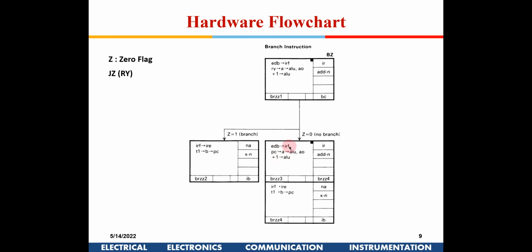So EDB to the IRF, +1 again to increase the count of the PC, and then IRF to IRE, and the incremented value of the PC which is available in T1. T1 always gives whatever is available after the operation of the ALU. So that will be brought into the PC. Okay, so this is how this is done.